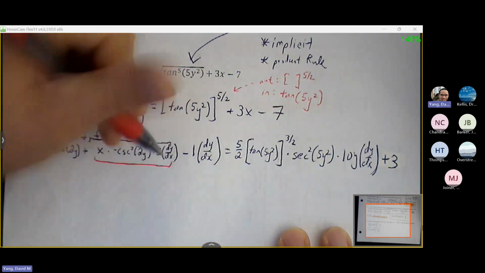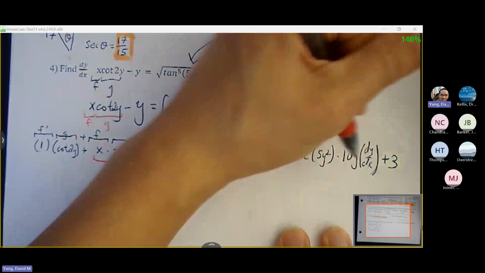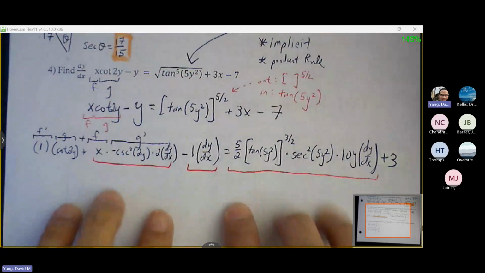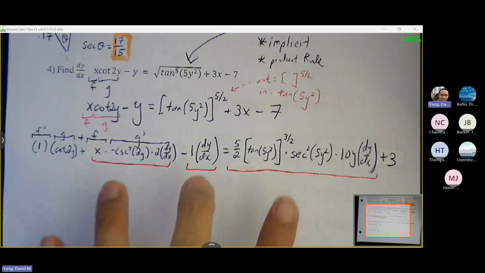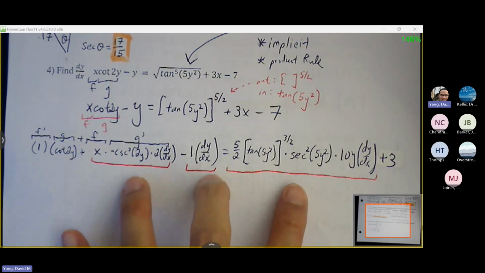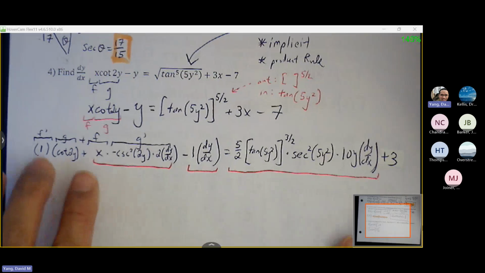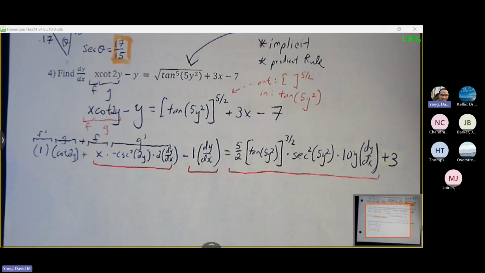So I have 3 terms that have dy dx in them. So I'm going to add and subtract in a way where each of these can be on the same side of the equation. And then all the non-dy dx terms, they will all go together on the other side.